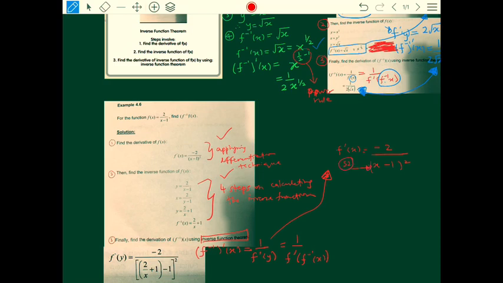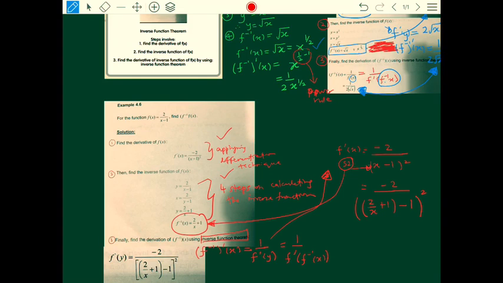So from the second step you substitute the inverse function result: negative 2 over (2 over (x plus 1) minus 1) squared. So is this your final answer?